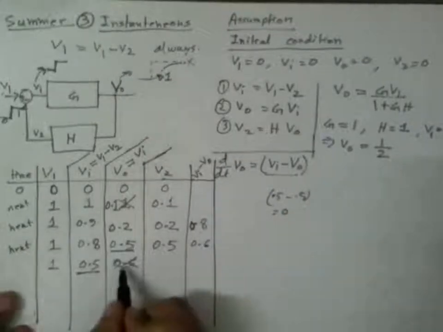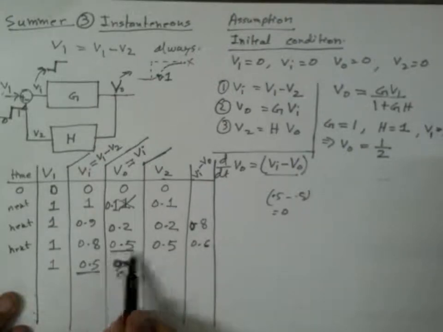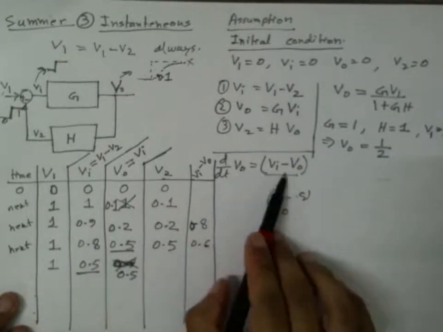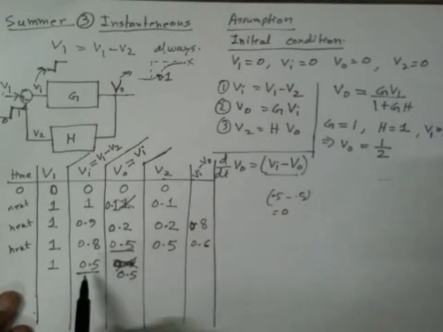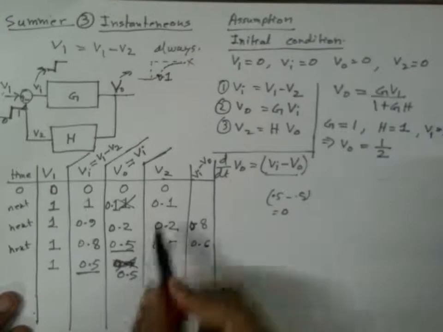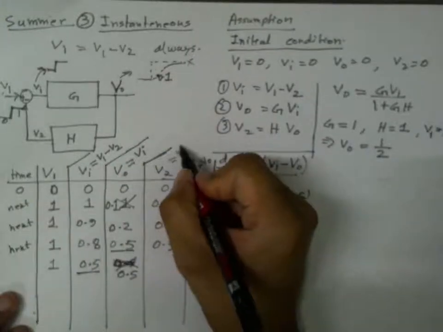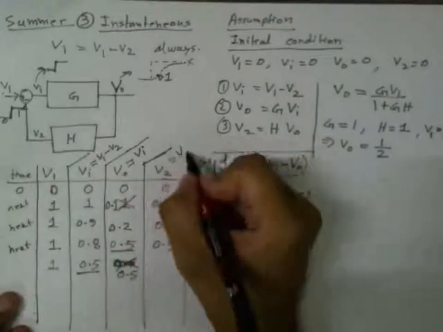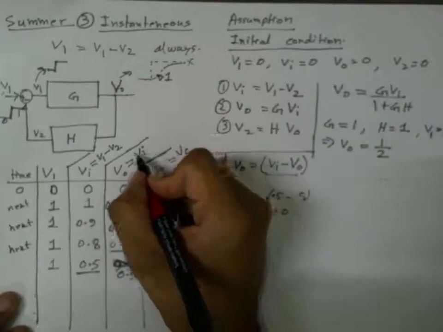Okay, so the output will stay at that value. 0.5 cannot change because this derivative is equal to 0, right? So this stays at 0.5, and then V2 is nothing but 1 multiplied by VO. So this is what I cannot use.